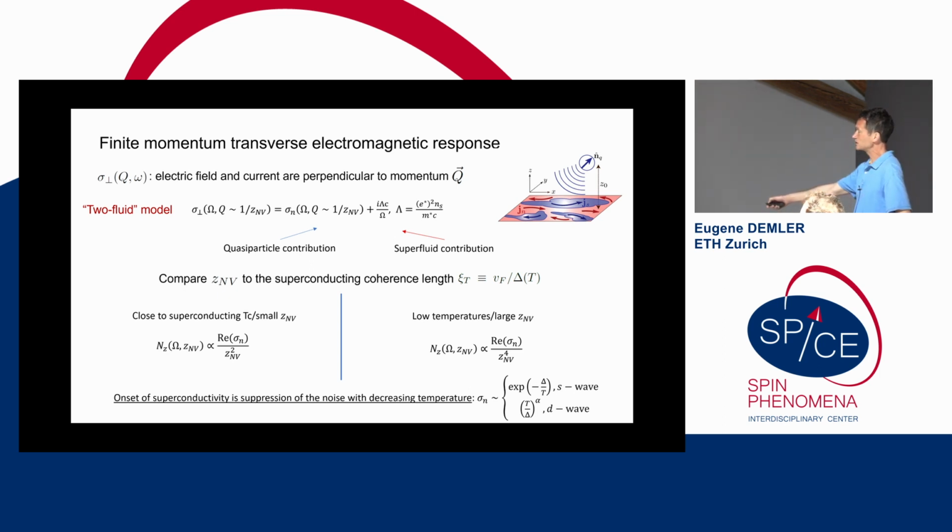But most importantly, the prefactor, this real part of conductivity, will be proportional to the number of quasi-particles. For s-wave superconductors, it scales exponentially with the gap, whereas for d-wave, it actually scales as a power law.